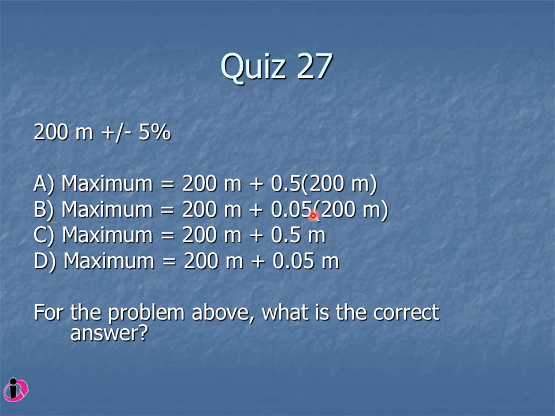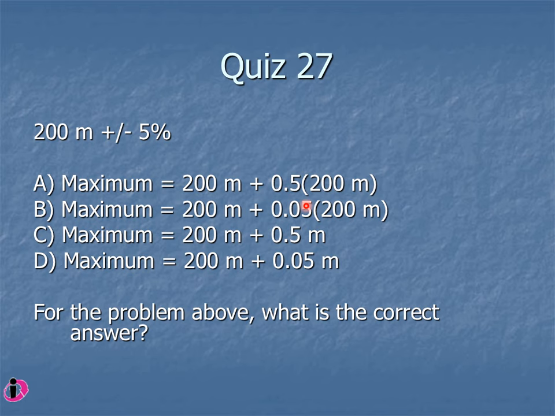I'm showing you that you can do the whole thing together, right? Now what is the nominal value here? If you multiply 0.05 times 200 meters, how much do you get? It's 10 meters, right? So your nominal value is 10 meters, and you will get 210 meters as your maximum.